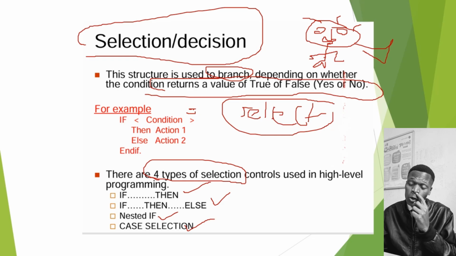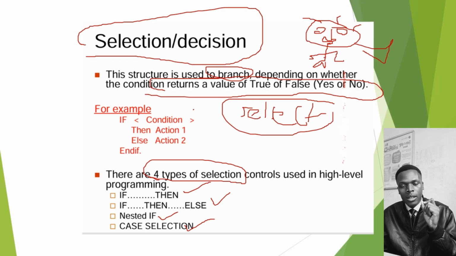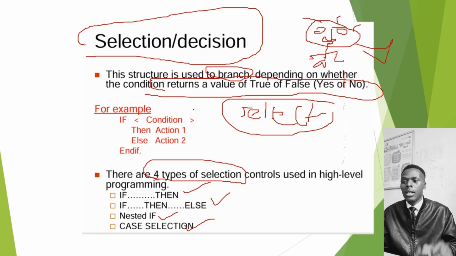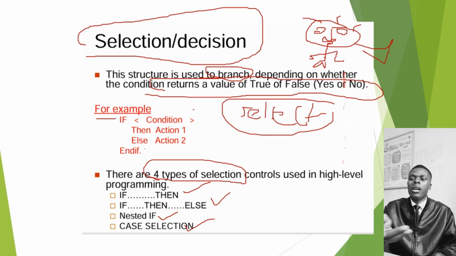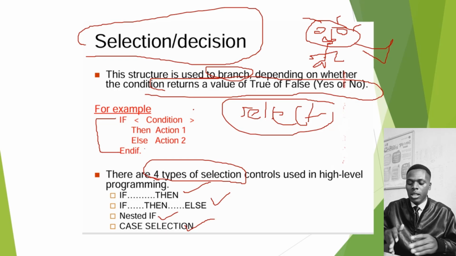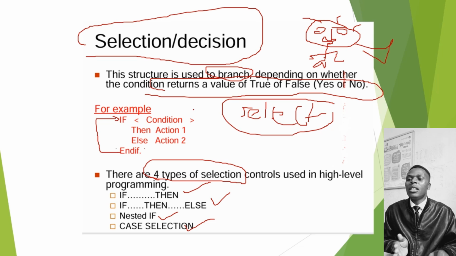So in these 4 types, you find that when we are using them, you are supposed to end them, according to the number of times they are appearing. Like up here for the example, we were testing for a condition, if the input is male, then do this action, else do this one.